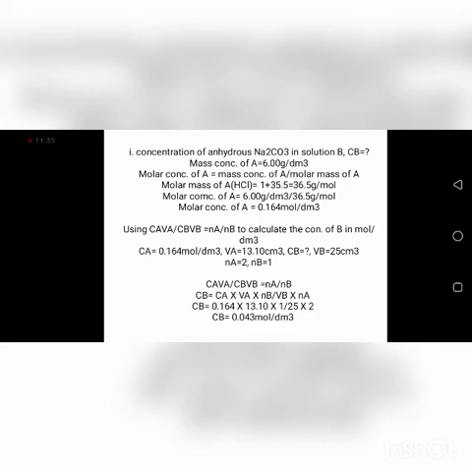VB is the volume of the base, and it is 25 cm cube that we have pipetted. And from the equation of reaction, NA, the coefficient of acid, is 2, while NB, the coefficient of base, is 1. From there, you insert your values, and your CB, the concentration of base, is equal to 0.043 mole per dm cube. So you have solved the first question.